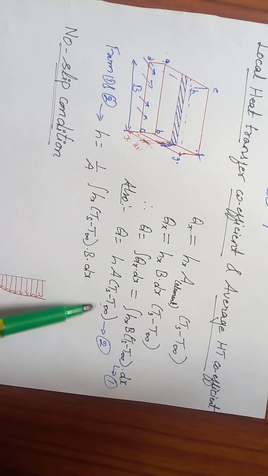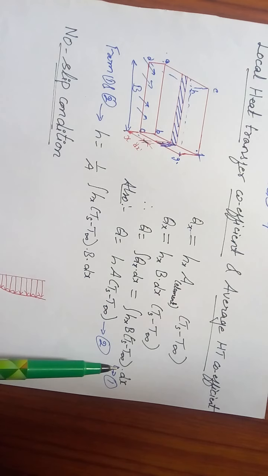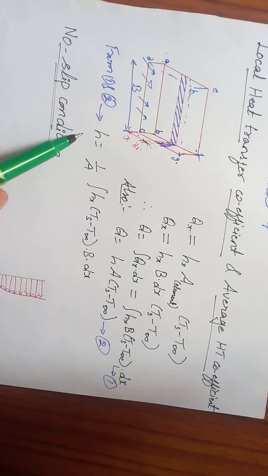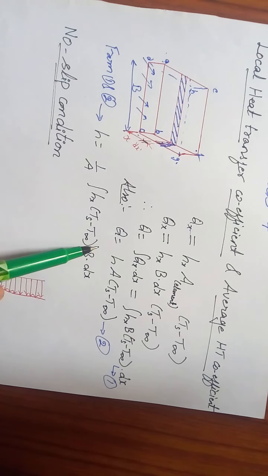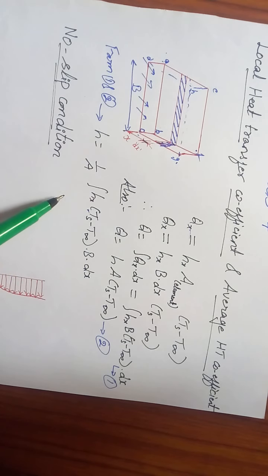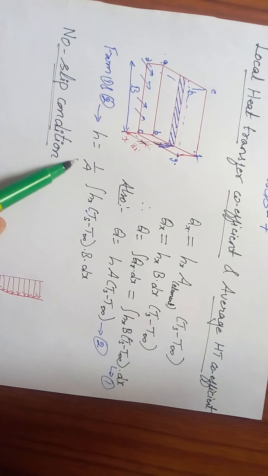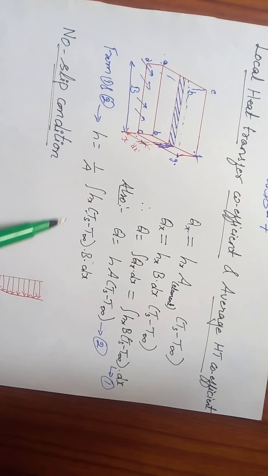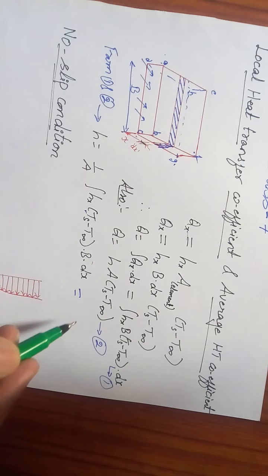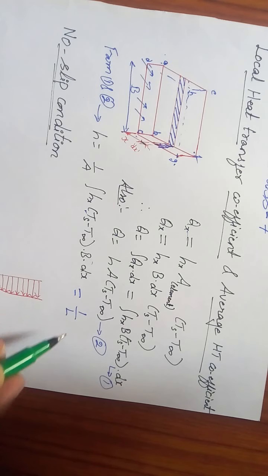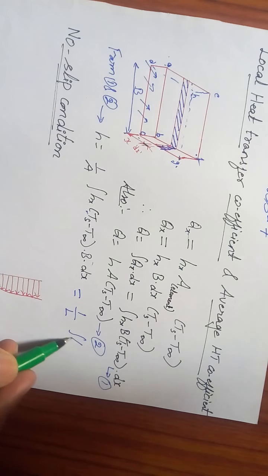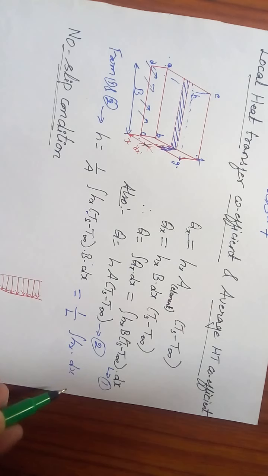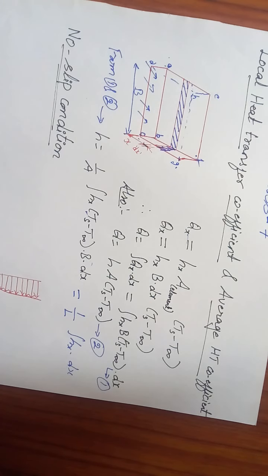You can also cancel Ts minus T infinity on both sides. If I substitute A as B into L, again this B will be cancelled, so that can be written as h equals 1 by L into the integration of hx dx. Likewise, I can rewrite the equation again.